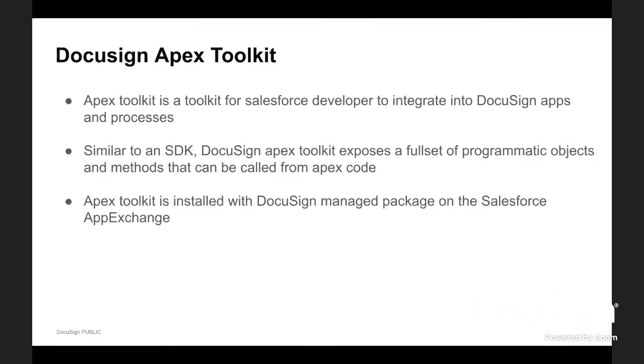It contains a bunch of global classes and global methods, built in Apex, that help customers integrate to DocuSign easily without having to write much code or worry about authentication and exception handling and stuff like that. It is similar to any other SDK, but it's built on the Salesforce platform using Apex, so it can be accessed easily by all the customers that have the managed package installed.